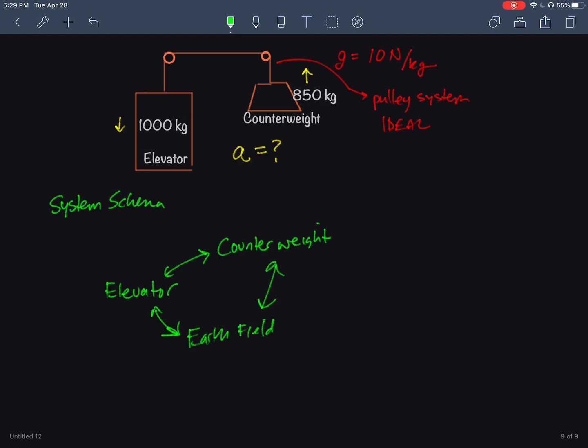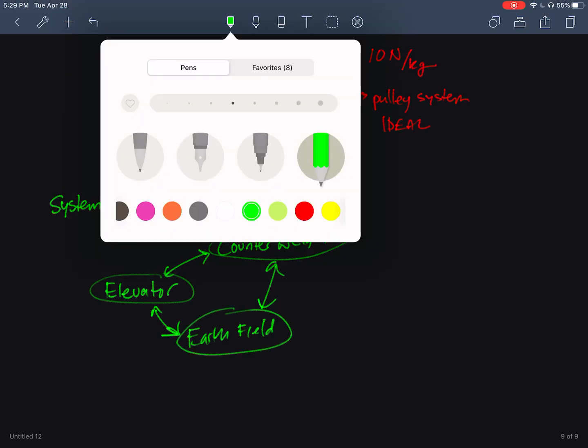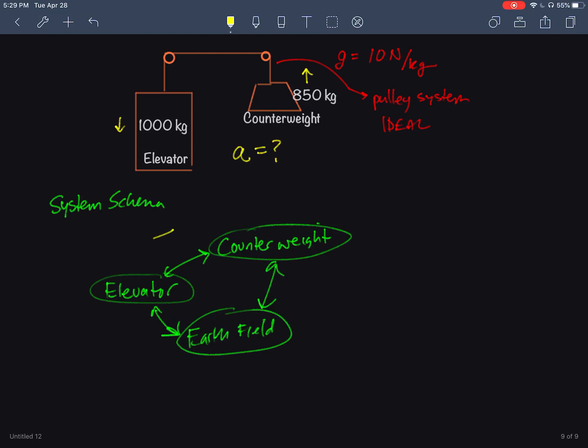Each of these objects can be its own thing, but we're going to call the system both of these objects. That's kind of cool. That means that the only external forces are going to be the weight acting on the elevator and the weight acting on the counterweight.